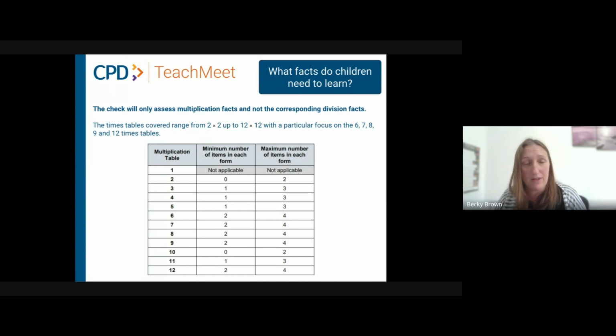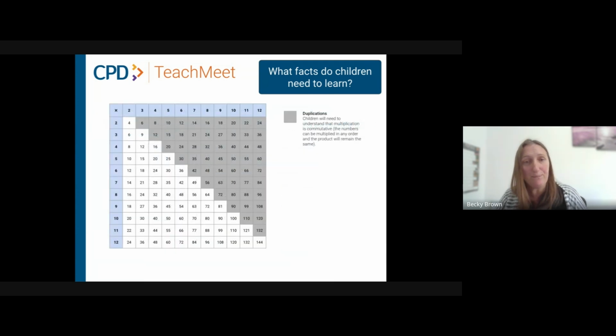But the maximum for 2s, 5s and 10s is 2, and you're much more likely to have the facts from the 6s, 7s, 8s, 9s and 12s. So they do have a higher weighting in the test, although there is obviously an element of randomization. It is based on that algorithm. Those are the ones that they are learning in Year 4 anyway, but those are definitely the ones that have the higher weighting in the test. Just important to be aware of that.